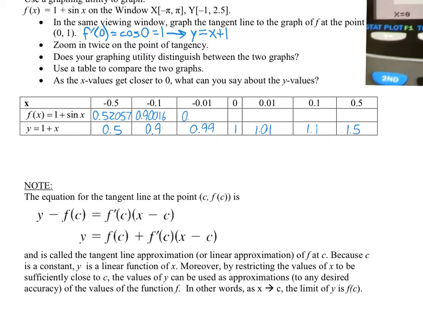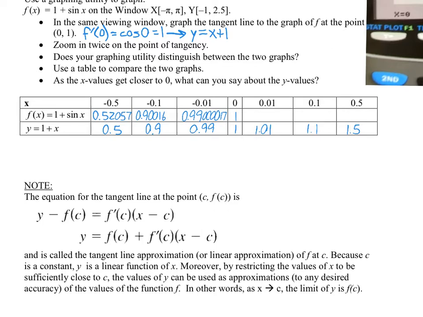0.990000, a bunch of zeros, 4 zeros before I have a 1, 7. This part you can do because you know it. Sine of 0 is 0, so 1 plus 0 is 1. How do you come up with the bottom? That's our tangent line, the tangent line hitting the point 0, 1. The derivative was cosine, so the slope of this at 0 was cosine of 0, so 1.